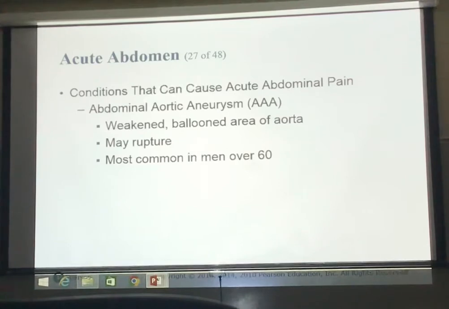Aneurysm can eventually rupture and is one of the most lethal causes of abdominal pain. Alright, most of the time there's nothing you can do about this. Whether you're a basic, a medic, a flight medic, it doesn't matter. It better rupture, and you better hope you have a really good cardiothoracic surgeon, and you are literally intubated and on the table when it ruptures.